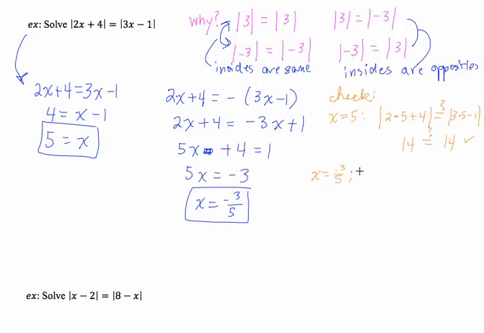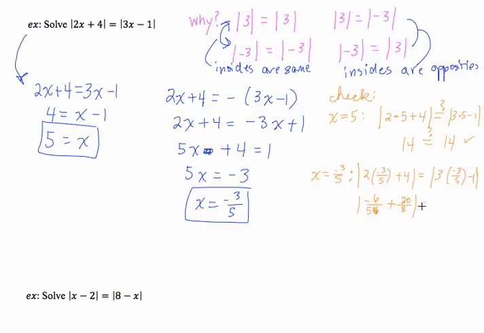Does the absolute value of 2 times negative 3/5 plus 4 equal the absolute value of 3 times negative 3/5 minus 1? Okay, then on this left side we have negative 6/5 plus 4. In order to add those, I'm going to need a common denominator, so I'll rewrite 4 as 20/5.